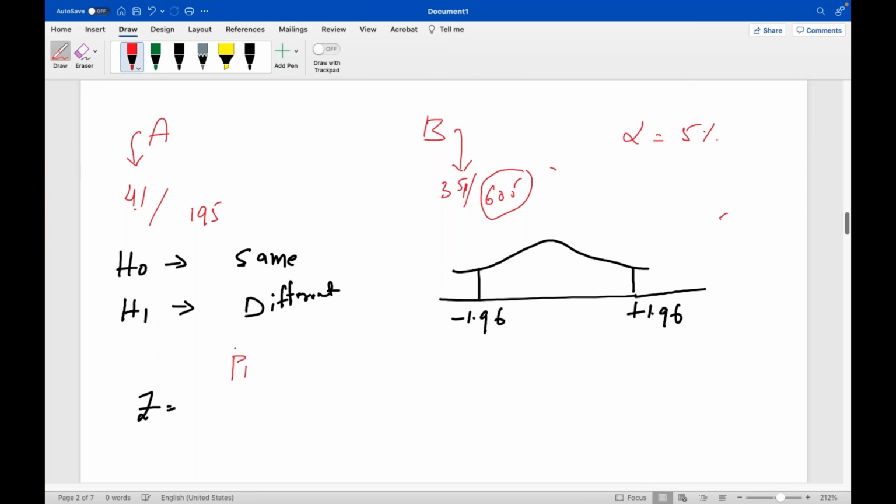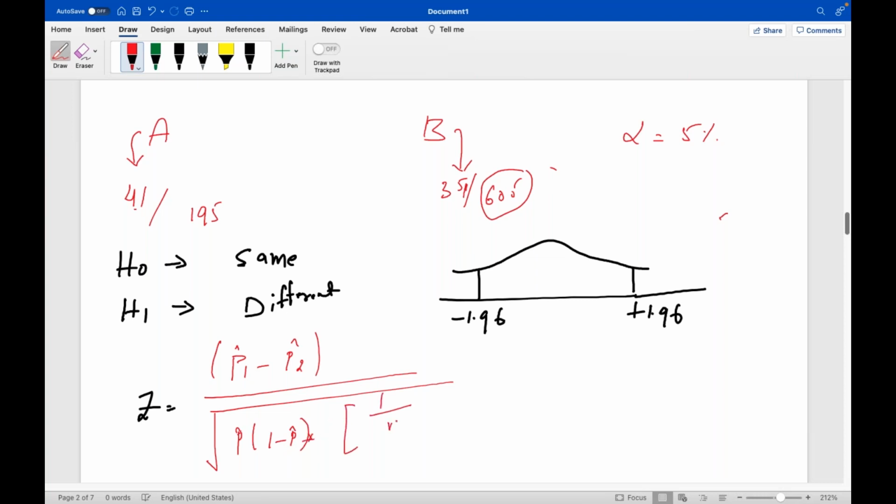It is proportion 1 minus proportion 2, divided by the square root of overall proportion times (1 minus overall proportion) times (1 by n1 plus 1 by n2), the sample sizes of the two groups. This is the formula we need to remember.